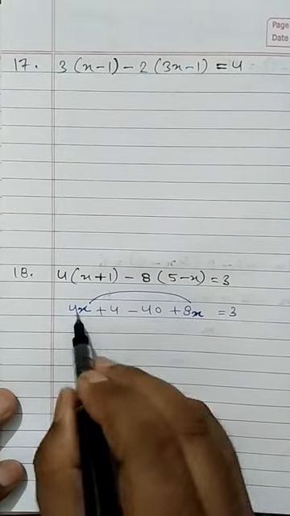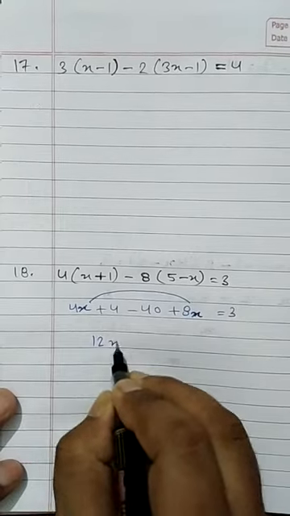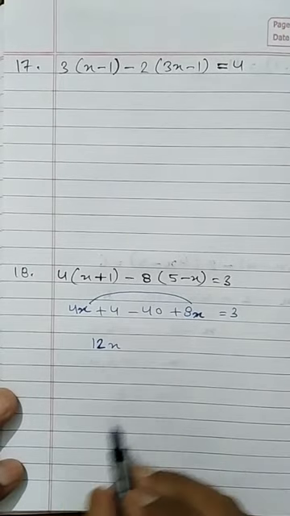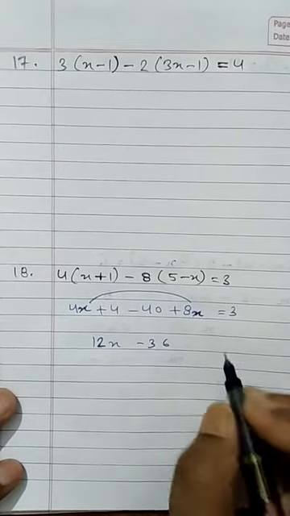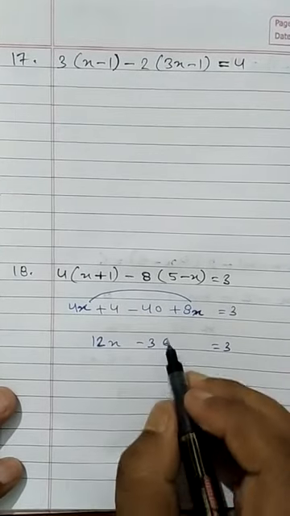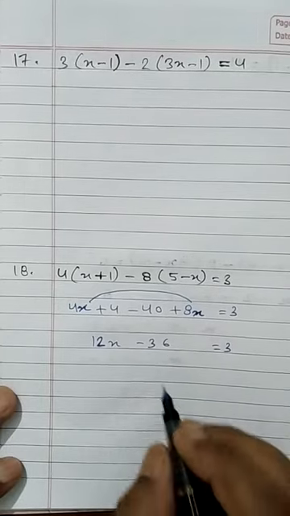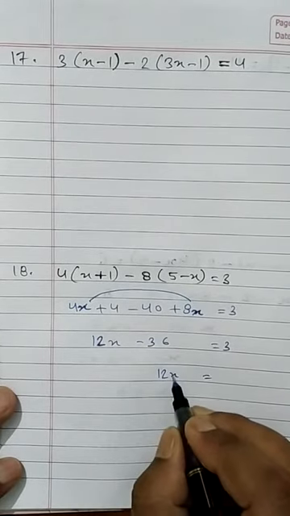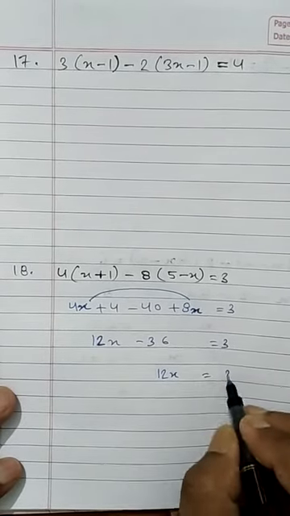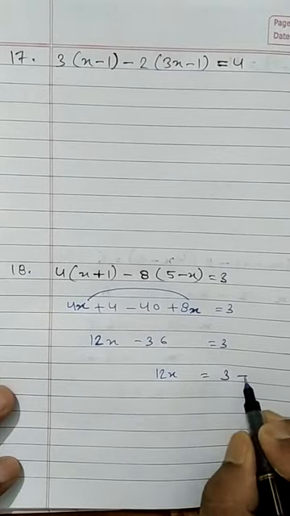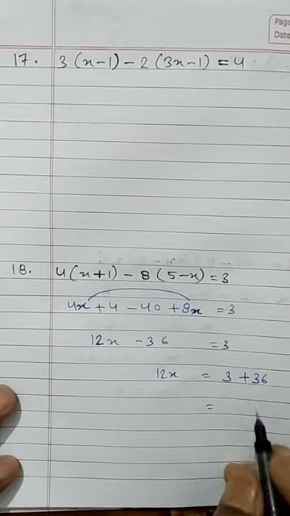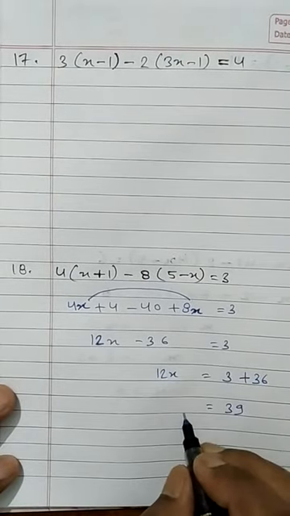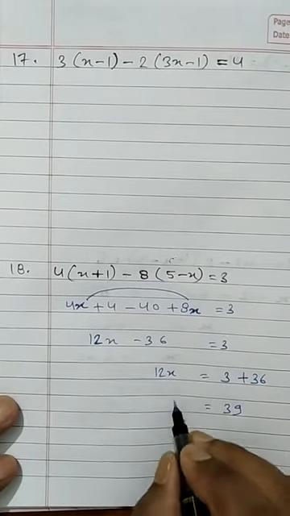So 8x plus 4x gives you 12x. 4 minus 40 gives you minus 36. Now this is a constant value with a negative sign. So minus 36 will be transferred to the right hand side, and the sign will get changed. 36 plus 3 gives you 39.